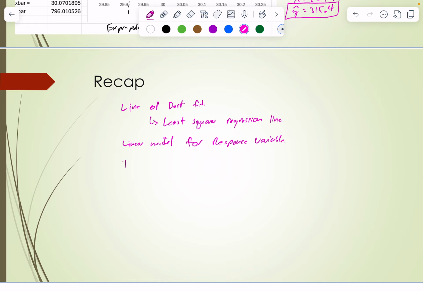We talked about an interpretation for r squared. And we talked about interpolation and extrapolation.